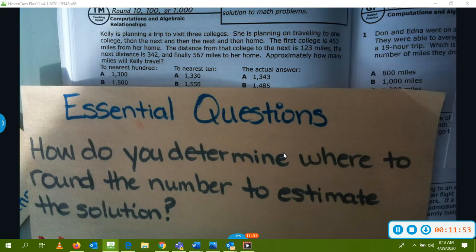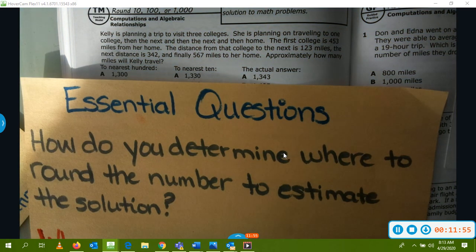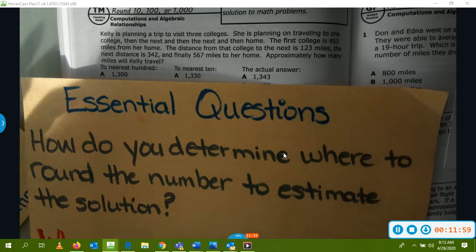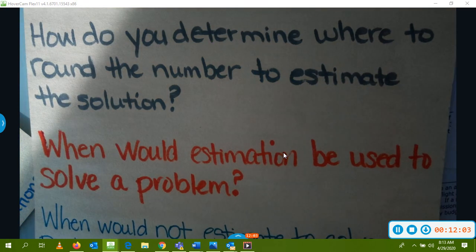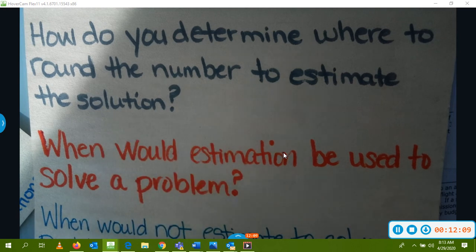Because in this one, the word is approximately. Approximately means about, not the exact number. When would estimation be used to solve a problem? Anytime it's asking you for an answer that you do not have to give an exact number. That's when we would use estimation.